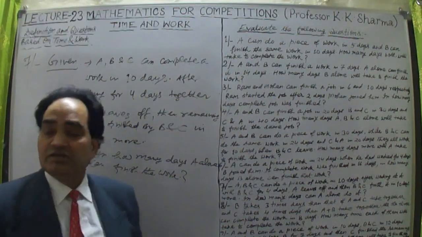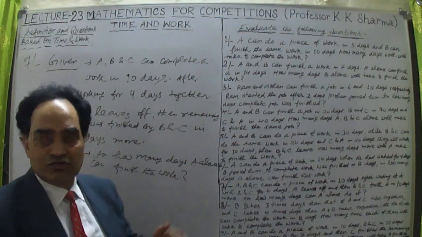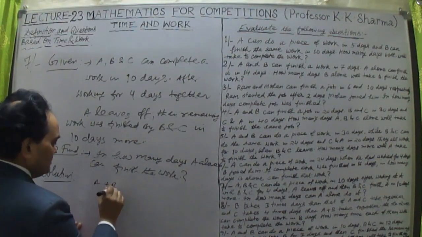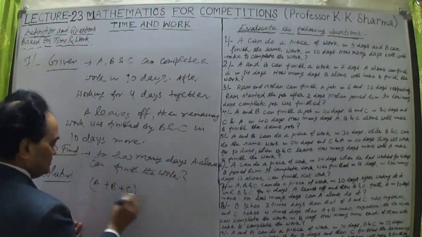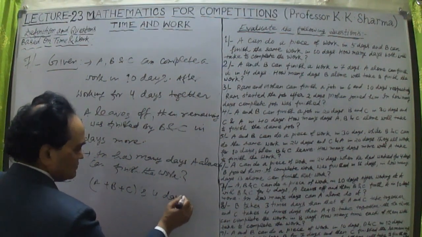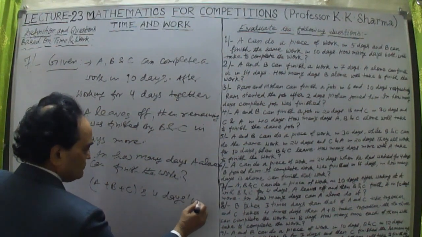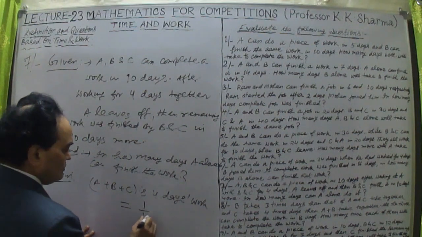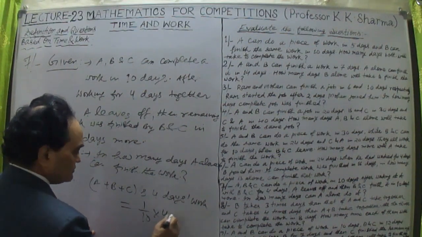See here that A and B and C together work for 4 days. Now A plus B plus C's 4 days' work is equal to 1/10 into 4. Try to understand.